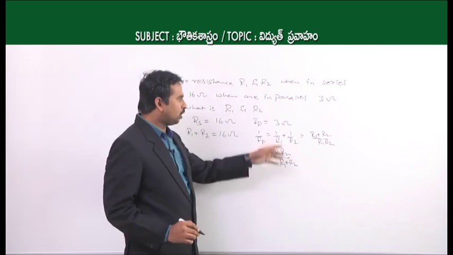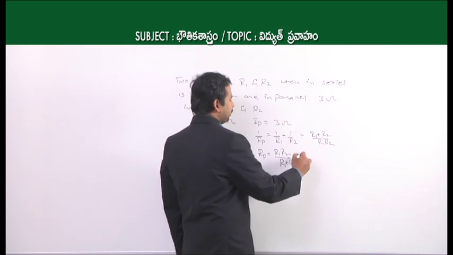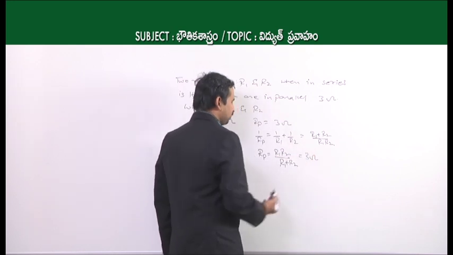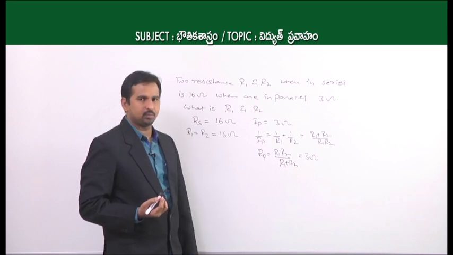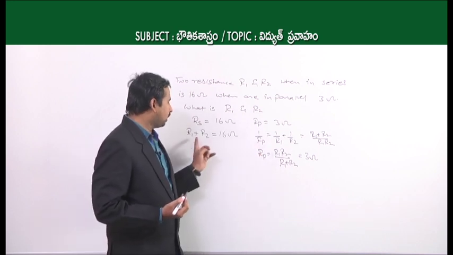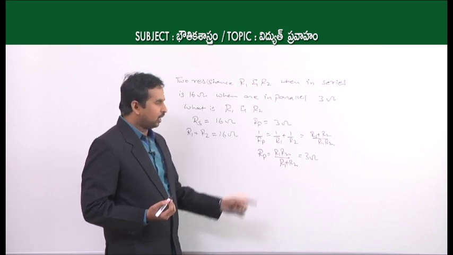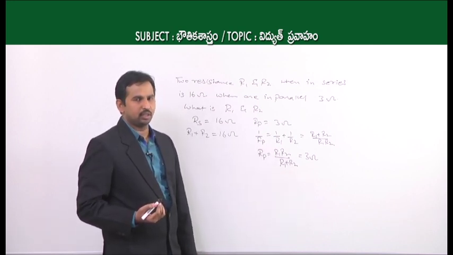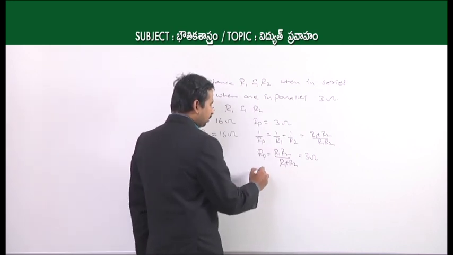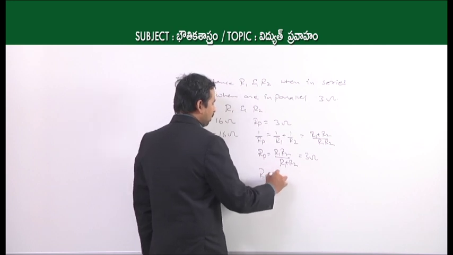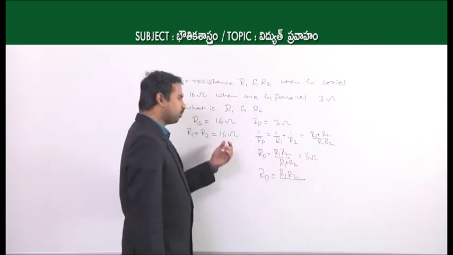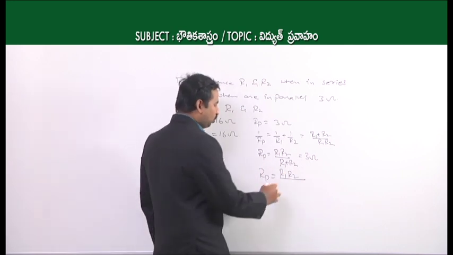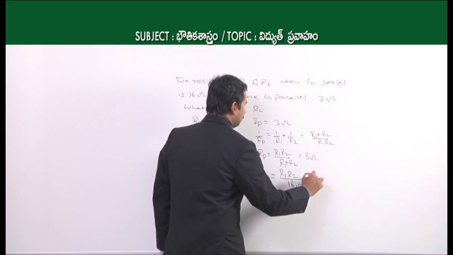This value Rp is already given as equal to 3 ohms. And we know already that R1 plus R2 is 16, and R1 R2 we can get from this value. So Rp is equal to R1 R2 by R1 plus R2, where R1 plus R2 is 16 ohms, and this is equal to 3 ohms.